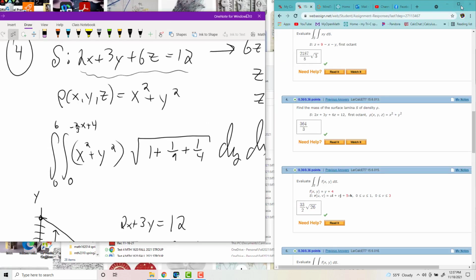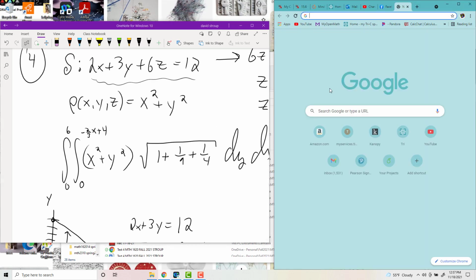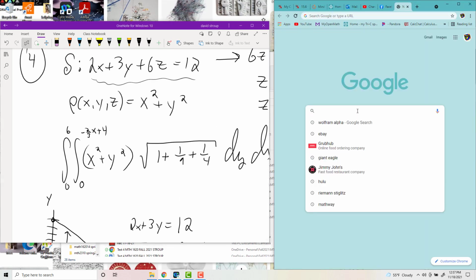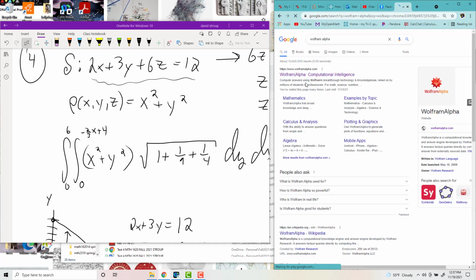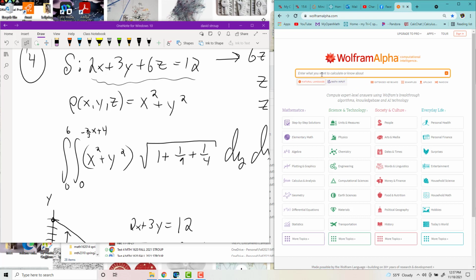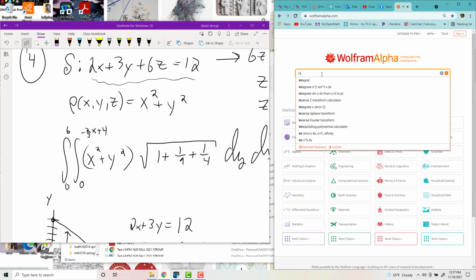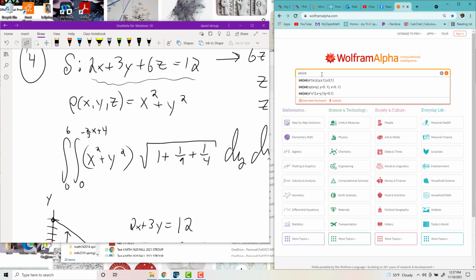But you can always check your answer before you submit by going to Wolfram and typing it in and making sure you get the right answer, right? So int of x squared plus y squared.